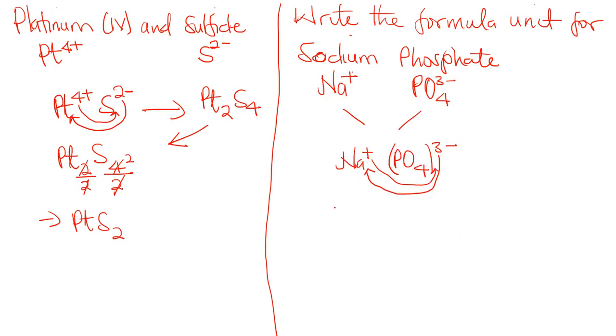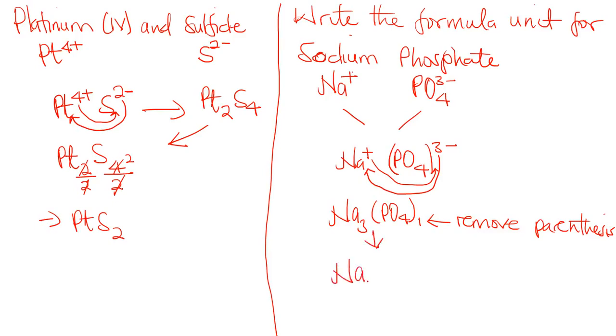So you are going to have Na3(PO4)1. But when you have 1 here, you remove the parentheses. So in the end you have Na3PO4. That is sodium phosphate.